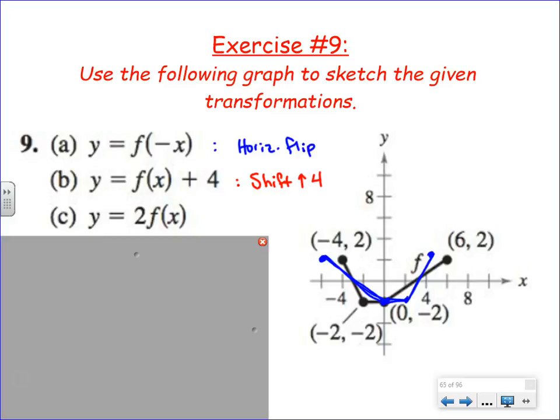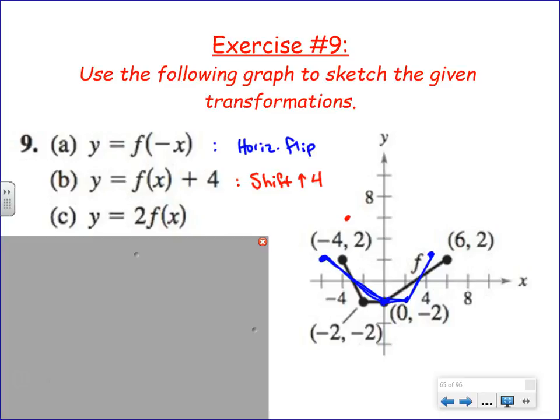How did you guys do that transformation to each of our points? To all the y values. If it's going to be a vertical change, I'm changing the y's, and specifically, how am I changing the y's? Add 4. So each of the y's, instead of going up 2, where's this one going to go? To 6. So 4 more, right? Instead of going down 2, where's he going to go? Down 6? No. I add 4.